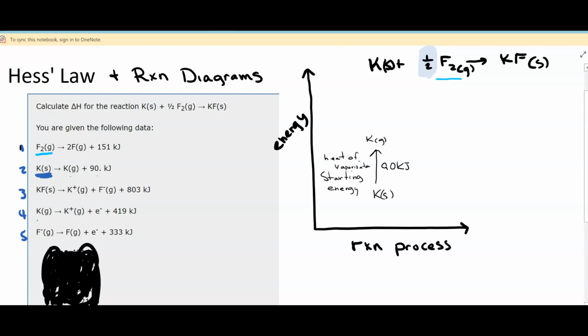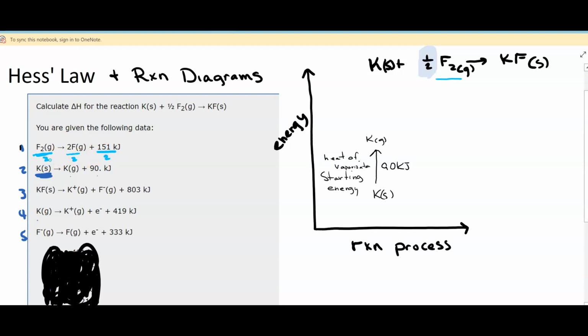Next, let's get us some fluorine to begin with. To create that, we have a reaction that says a whole fluorine molecule produces 2 fluorine atoms by taking in a positive 151 kilojoules of energy. I don't need that, I just need 1. So really, I need to divide everything here by 2.